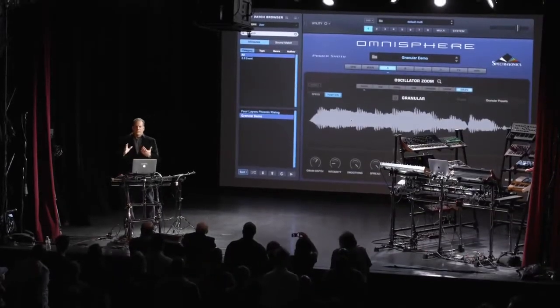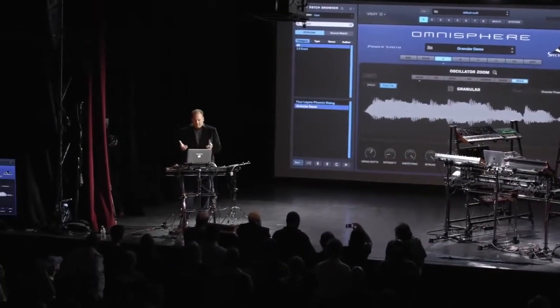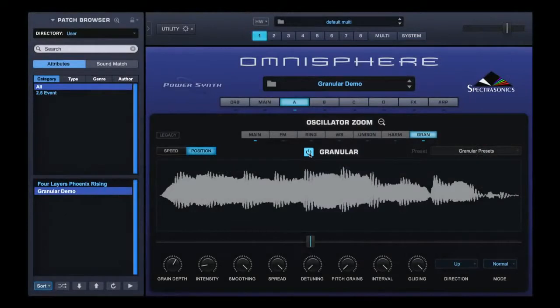So the granular interface is really improved because we can now see the waveform. And now when I turn on the granular, okay, now we'll turn up some pitch grains.